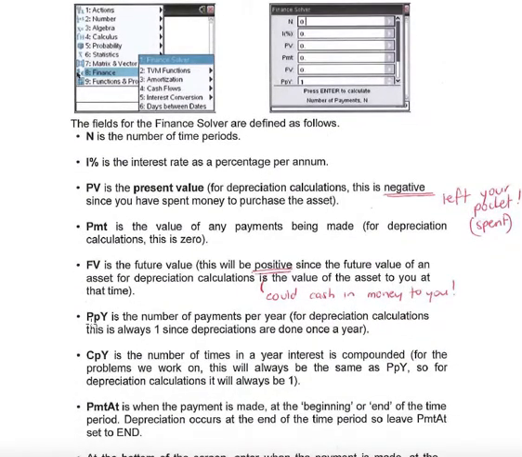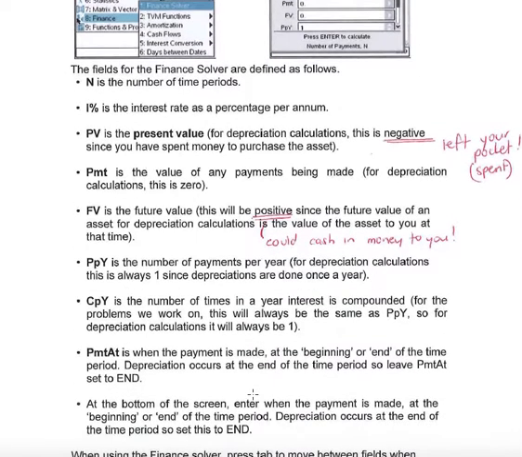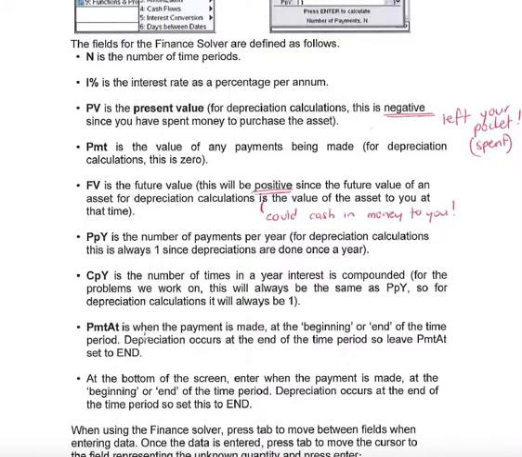You also have PPY, which is the number of payments per year. Most of them are once a year, so you may usually put 1, but if you're paying monthly, that may be 12, quarterly, it may be 4. CPY is the number of times a year the interest is compounded. So if it's only once a year, it's 1, 12 for 12 months, etc. The payment field is when the payment is being made, the beginning or the end of the time period.